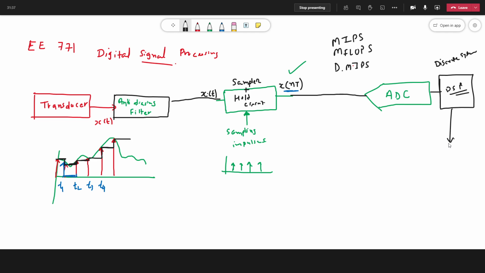And in that case, you will need a block called a DAC, digital to analog converter. The output of the digital to analog converter will be of the kind discrete analog, and hence let me represent it as y of nTs.